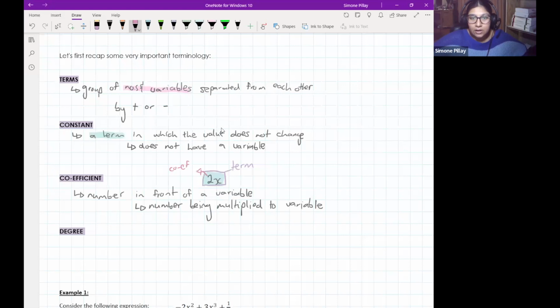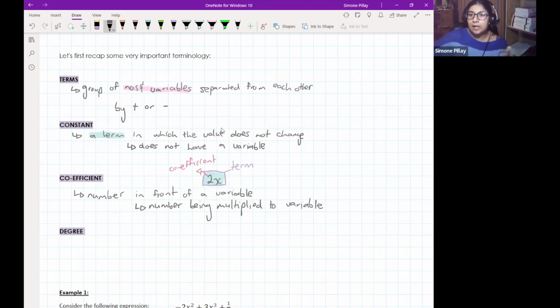And I think you guys should know this from when we did exponents. Yes, when we did exponents, we spoke about what the coefficient was. And so you guys should be familiar with this term. And then when we talk about the degree, Umar has put it in the chat, and Itandile, the highest exponent of any variable in the expression.